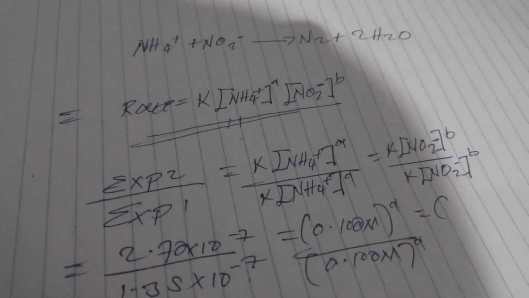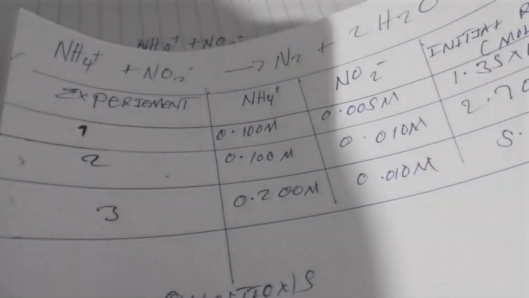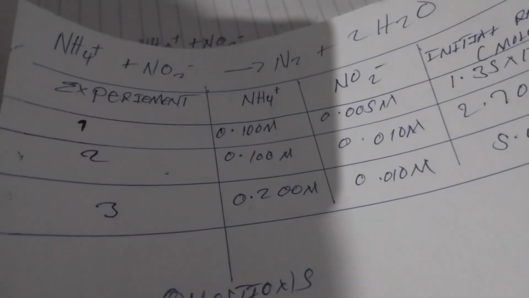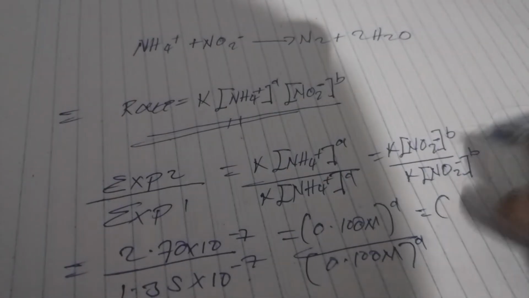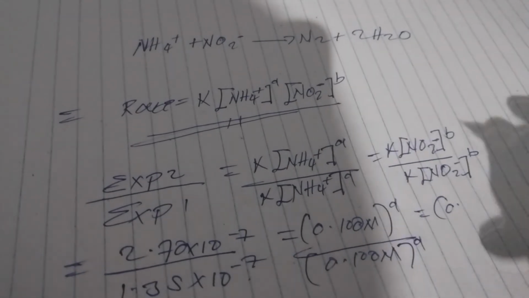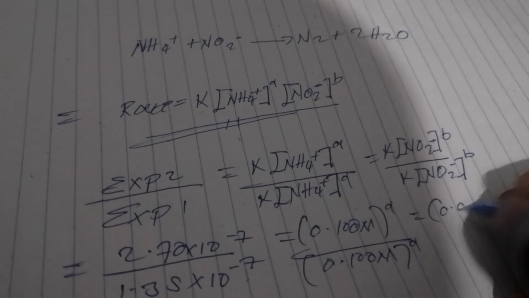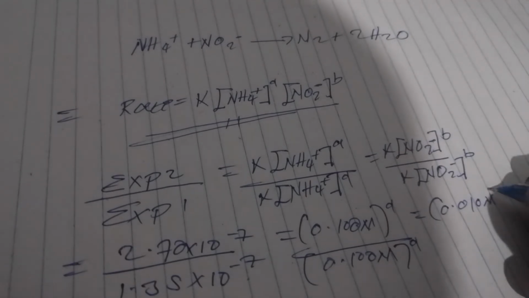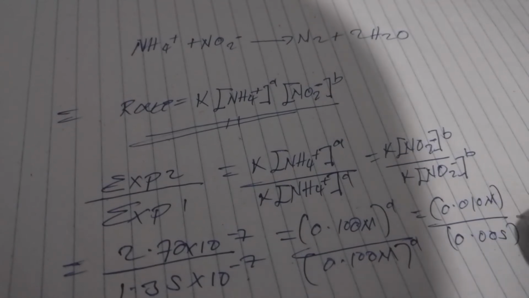What about nitrate? Nitrate is on top with 0.01 molar for experiment 2, then divided by 0.005 molar, the one that is on the bottom. So which means I'm going to have 0.010 molar divided by 0.005 molar.